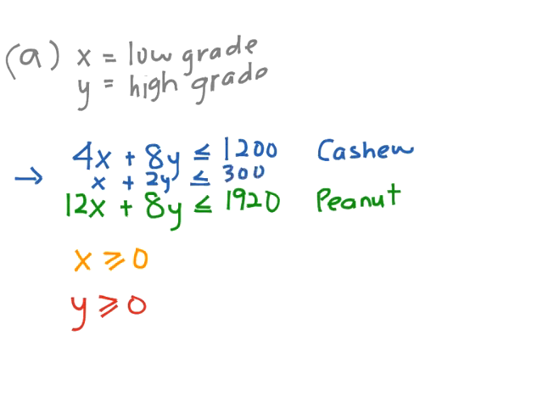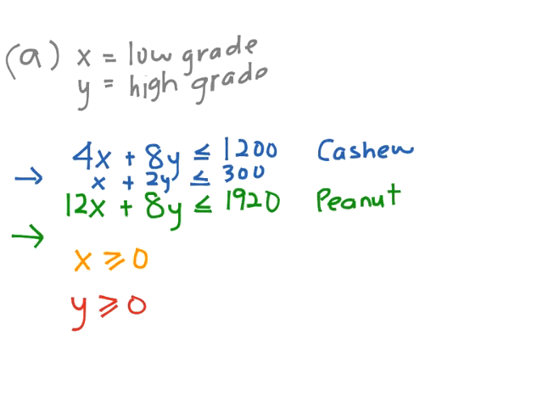This is a smaller value, so we cannot simplify anymore, so we are going to use this inequality later in our graph. And for the second inequality, the same thing, we need to simplify since we have a very big value, 1920.